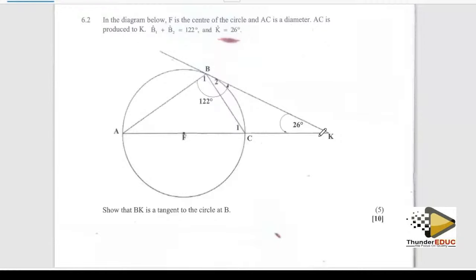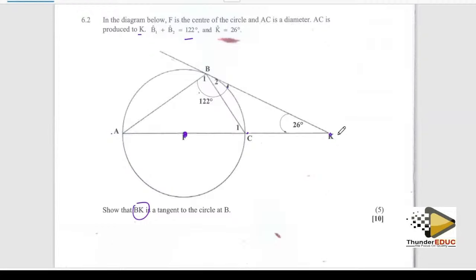Then 6.2. In the diagram below, F is the center, and AC is the diameter. AC is produced to K such that B1 and B2 is 122 and K is 26. Can we show that BK is a tangent?